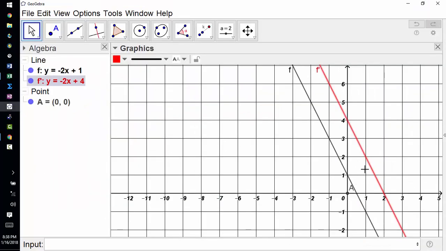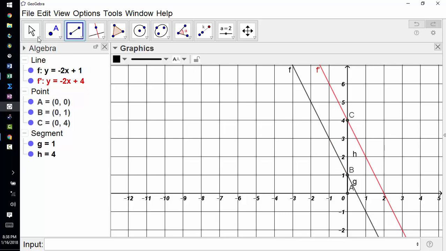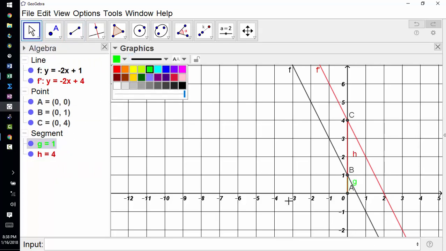And that's basically saying, look, when you dilate that line, these lines will be parallel. The only thing that's going to change is the distance your y-intercept is from the point of dilation. Here we have a distance of 1, and that's going to increase from 1 to 4 times 1. So 1, 2, 3, 4. That distance is what's getting dilated. So that's what's changing in this problem.